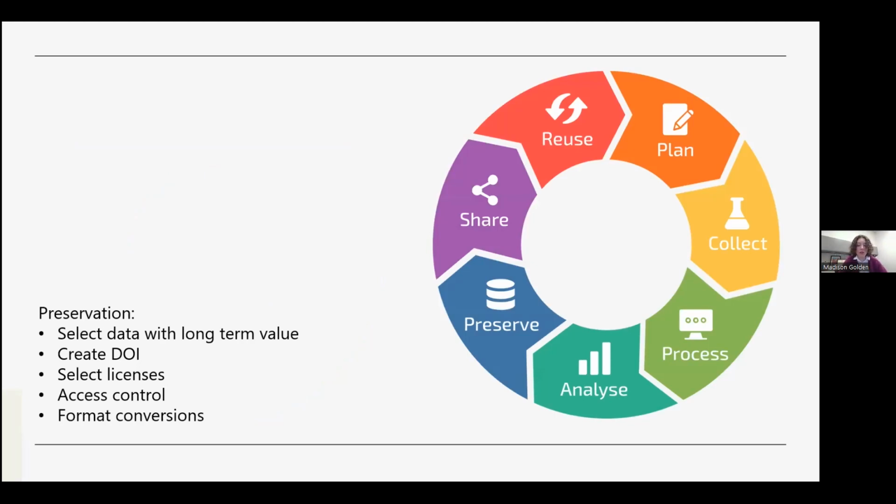So preservation and sharing both involve selecting an appropriate long-term storage location and choosing what stage the data should be shared at, whether that's the initial data set, maybe just a visualization, but it's essential to think about what would be the most helpful to a future researcher. And the sharing really only applies if you either just want to share your data openly or if you're required to, if you had a funder or a publisher involved.